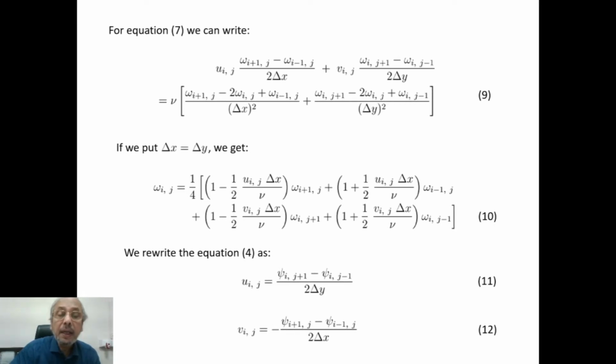We go back and write uij simply, since this is del psi del y, we apply central difference: psi i j plus 1 minus psi i j minus 1 by twice delta y. And vij is minus del psi del x. Again we apply central difference: psi i plus 1j minus psi i minus 1j by twice delta x, and this is del psi del x with the minus sign.